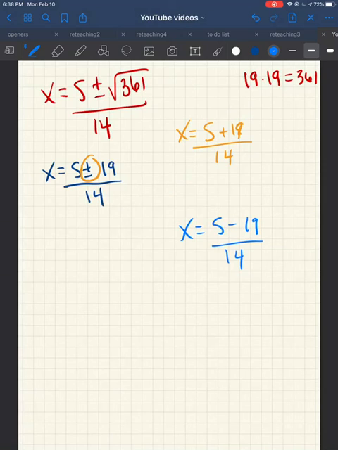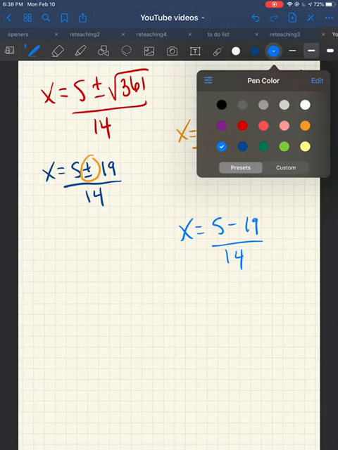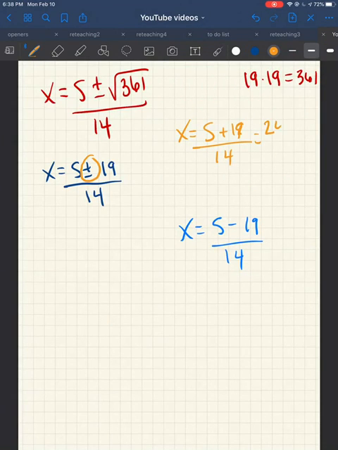Okay, so negative 5 plus 19 is going to give me 14 over 14. So I'm going to simplify that a little further.